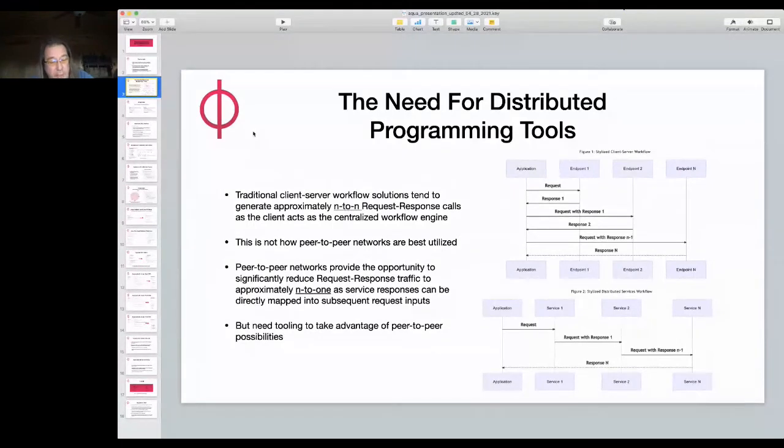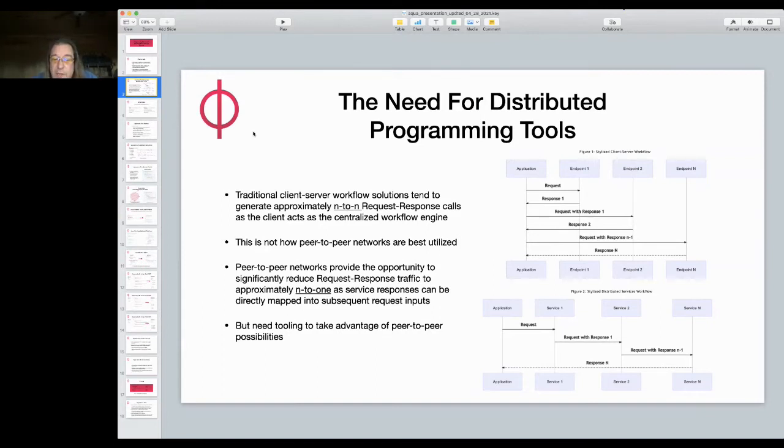If you're trying to authorize a credit card, for example, and then want to send an SMS to your customer, you hit the Stripe API, you get the response back, and then you go to Twilio and you send the SMS. In a peer-to-peer environment, the possibility literally would be you hit up Stripe, and then from there you go straight to SMS. And that's a very, very different paradigm.